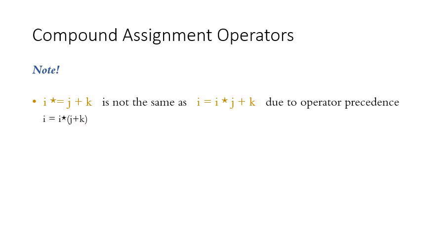Your I times equals J plus K, the one that uses compound assignment, is interpreted as I equals I times parenthesis J plus K. Meanwhile, your I equals I times J plus K is interpreted as I equals grouped I times J, plus K, because the multiplication operator has higher precedence.